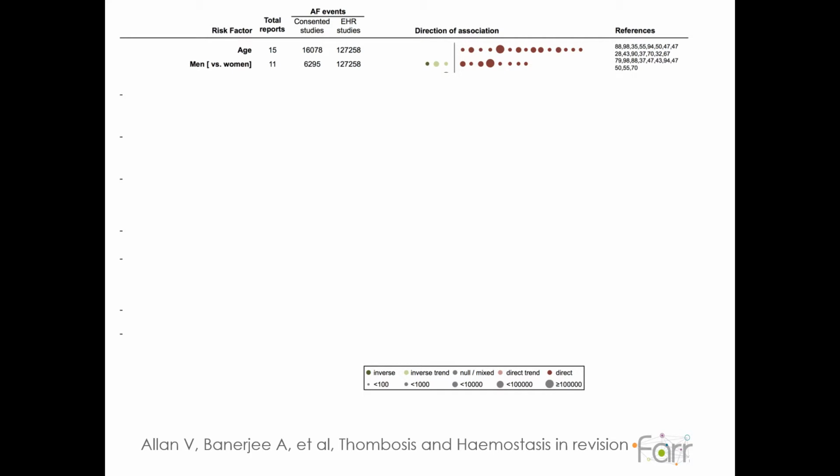So here's something that you know already, but I'm just showing you to motivate you to look at the rest of this figure. So this is the overall summary of this field synopsis. You see that the risk factor age has been reported in at least 15 studies, some in consented cohorts, some in electronic health record studies, and of course it is associated, it's to the right of this vertical, positively, directly, with the incidence of atrial fibrillation.